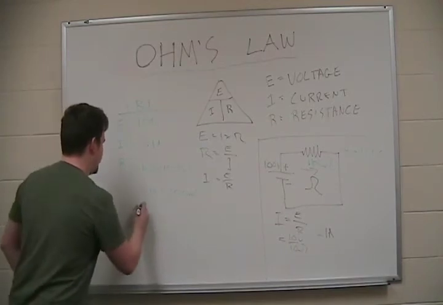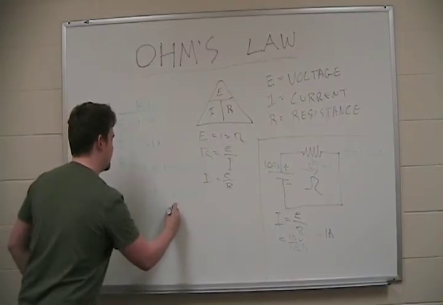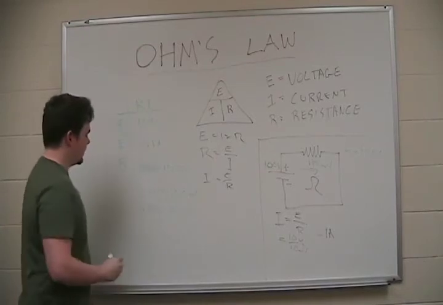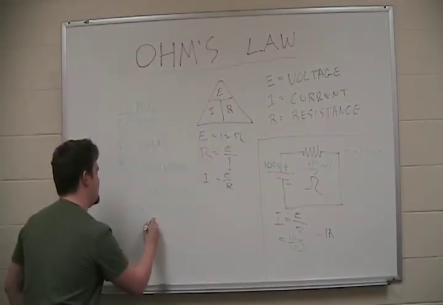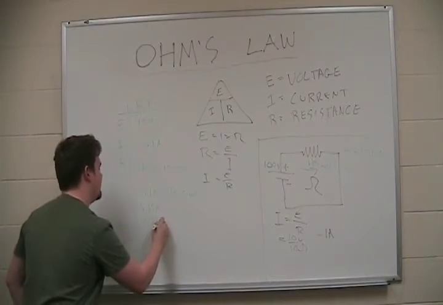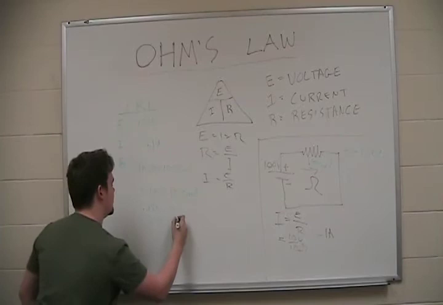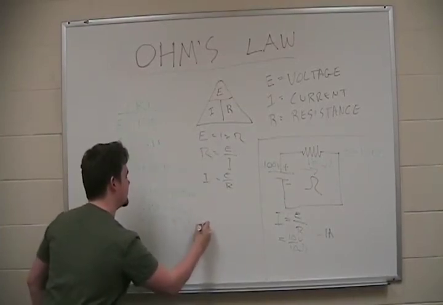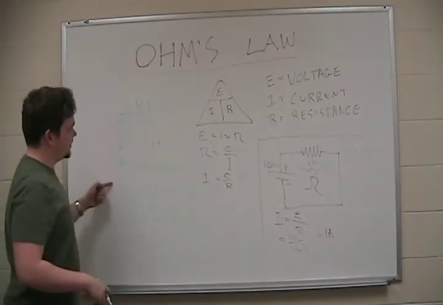So if we had 0.15 amps, it would equal 150 milliamps. If we had 0.395 amps, it would equal 395 milliamps of current. So I hope you understand how the table works.